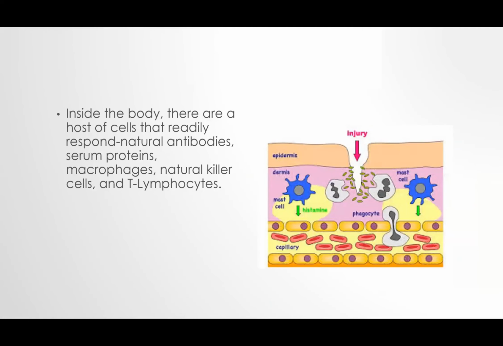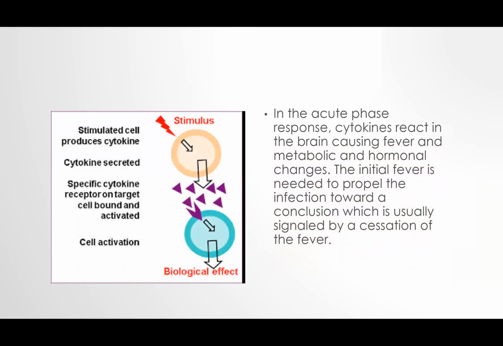Inside the body, there are a host of cells that readily respond: natural antibodies, serum proteins, macrophages, natural killer cells, and T lymphocytes. In the acute phase response, cytokines react in the brain, causing fever and metabolic and hormonal changes.